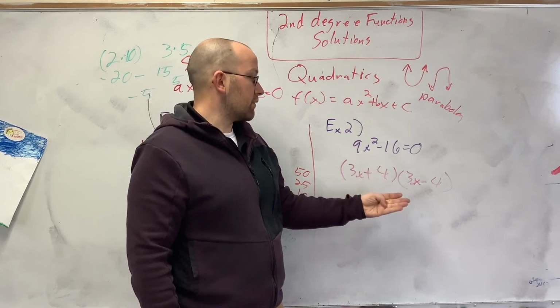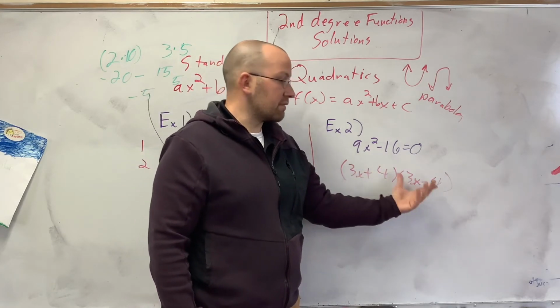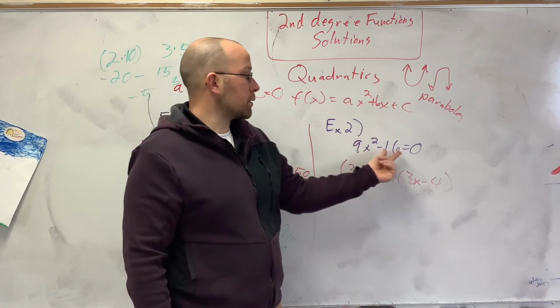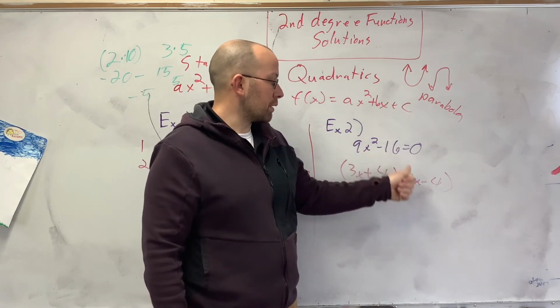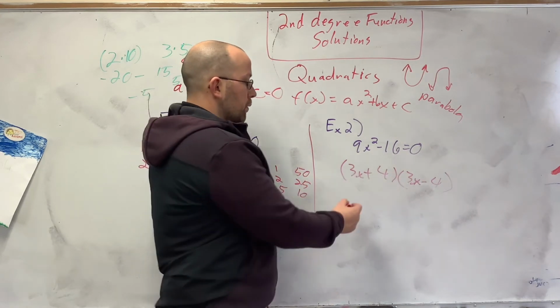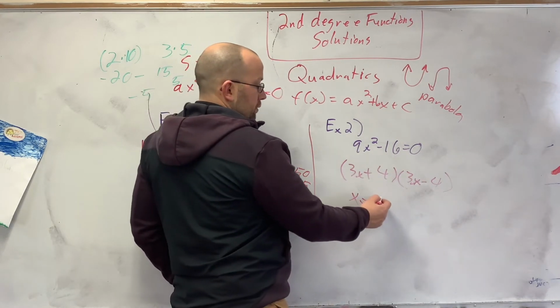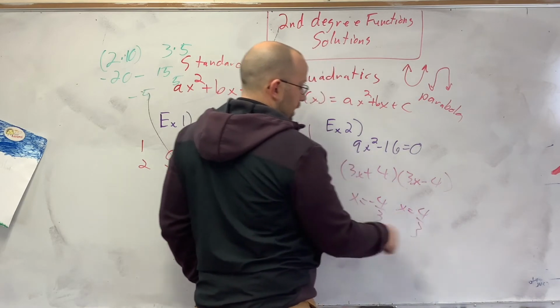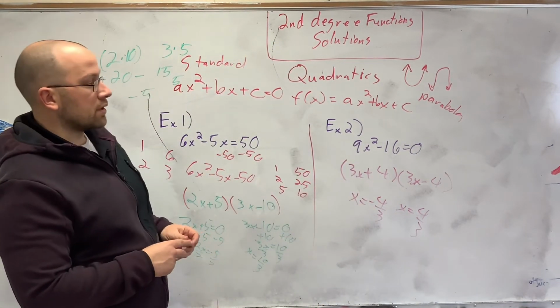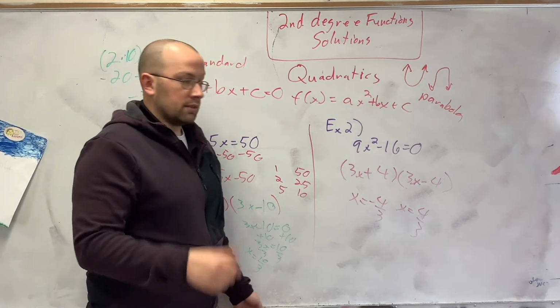To get rid of it, one has to be positive, one has to be negative, but they have to be the same exact things. And I always have two perfect squares. So I just square root 9, that gives me 3 and 3, square root 16, that gives me 4 and 4. And x equals, for the sake of time, the answers or the roots are negative 4/3 and 4/3.